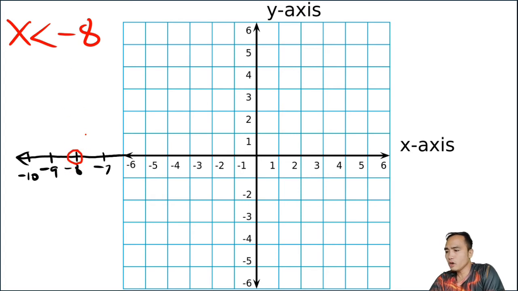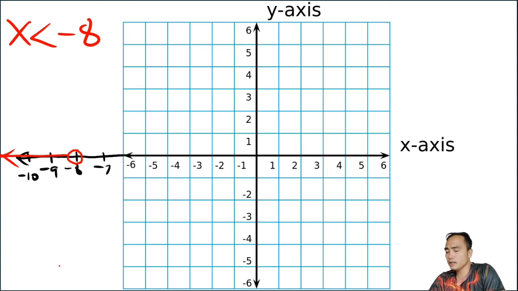We're going to use an open circle because negative 8 is not included in our solution. X less than negative 8 means numbers that are smaller than negative 8, so those are numbers going to the left: negative 9, negative 10, and so on.